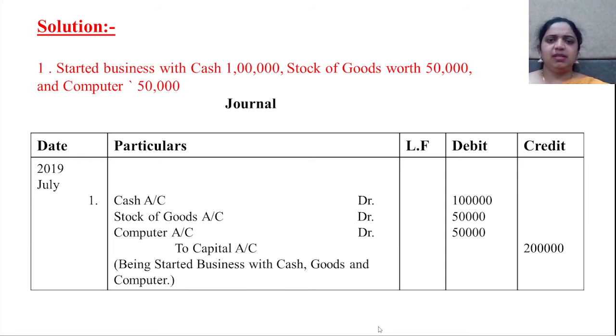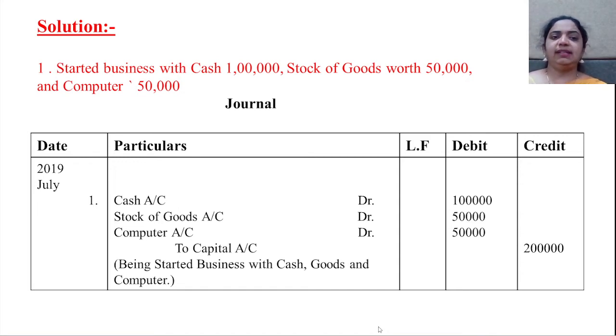Got it, everyone? This is your transaction number 1. Always in the first transaction, business is being started. Every time it is given, started business with cash. So you can write cash account debit to capital account. Cash comes in, the proprietor is the giver of the capital. But here, as cash comes in, stock of goods and computer also come in, they will be debited and capital will be credited.